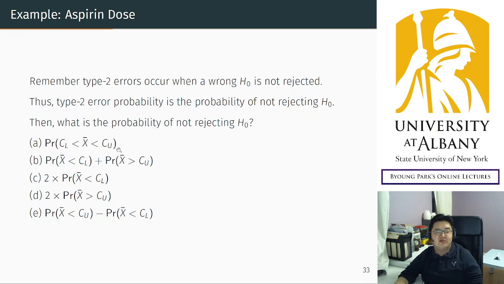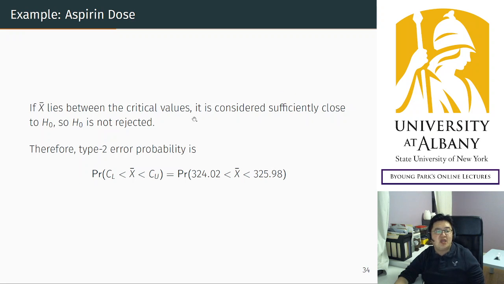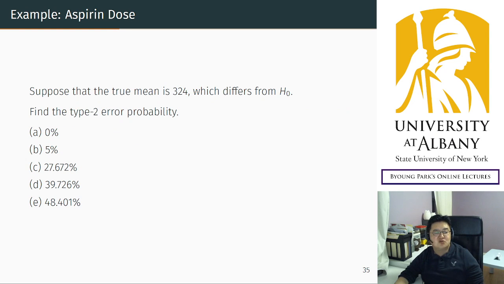Okay, then given this probability, we can write it this way. Type 2 error probability is written this way, and what you additionally need to assume is the true value. What is the actual value of the mean if the null hypothesis is wrong?